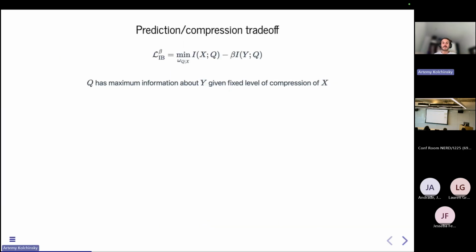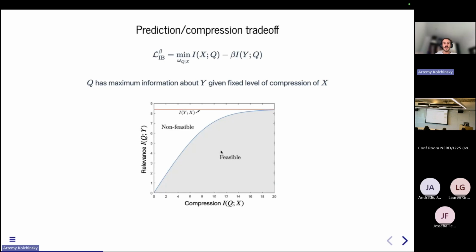And this actually gives us a curve of possible solutions. As we vary beta, which controls the trade-off between prediction and compression, we recover this curve where, as we increase the mutual information between Q and X, so this is the compression axis, we can get better and better predictions.